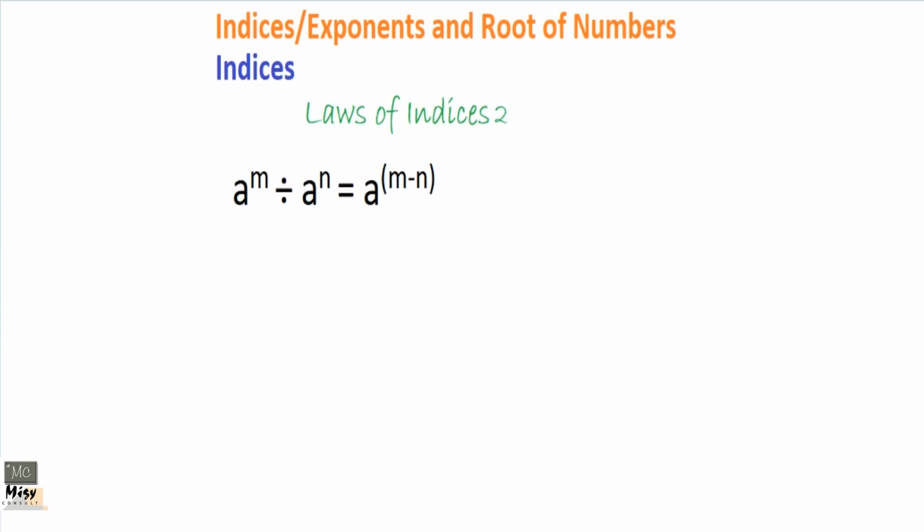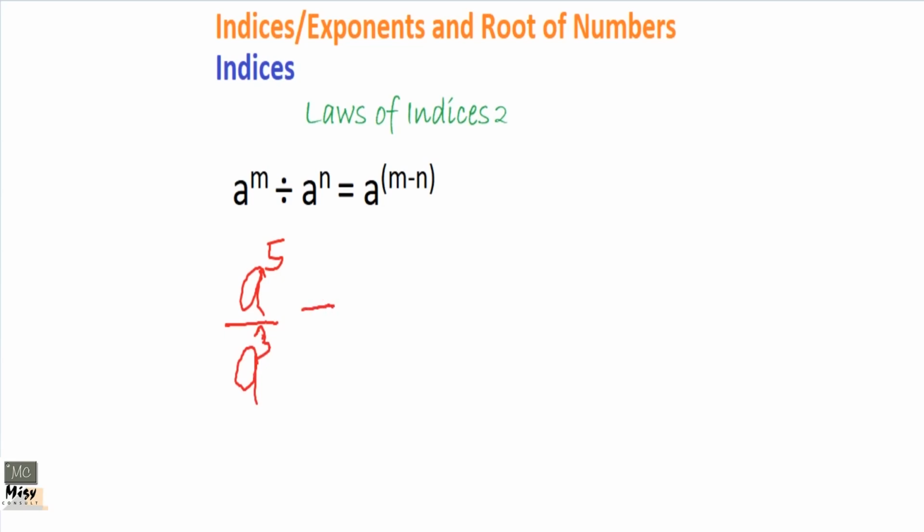What is the basic one? Give yourself a simple example. Let's take a raised to the power 5 divided by, because it's division, a raised to the power maybe 3.